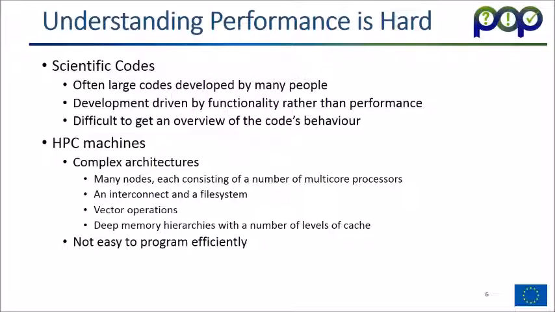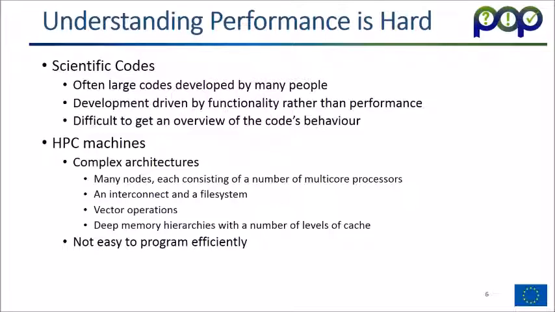As well as the codes, another factor that makes understanding performance difficult is the machines themselves. The architectures are getting ever more complex. We tend to have many nodes on a system, each consisting of a number of multi-core processors. We have an interconnect connecting those together and a file system, which adds other layers of complexity.